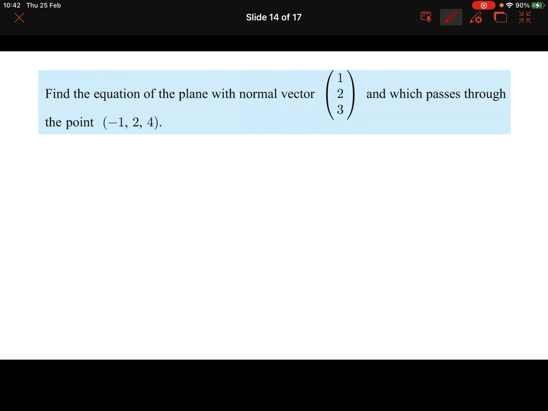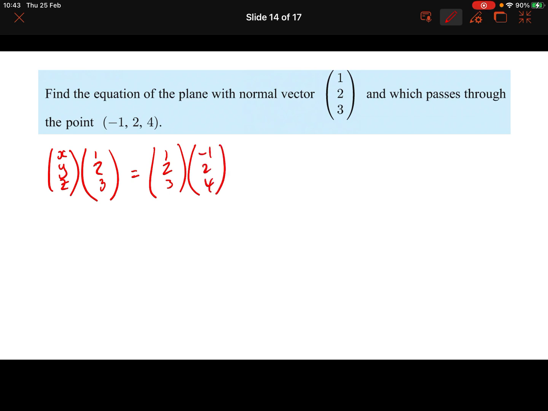So here's a question. Find the equation of the plane with normal vector 1, 2, 3, which passes through the point minus 1, 2, 4. Using the normal equation of a plane, we know it's going to be x, y, z, that's your r, dotted with the normal vector of the plane, is equal to the normal vector of the plane dotted with the point that is on the plane.